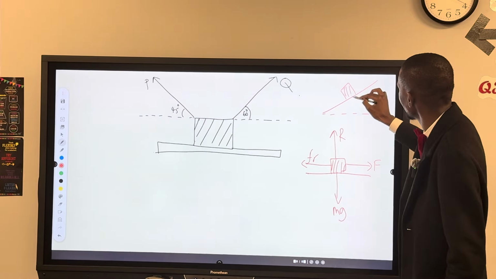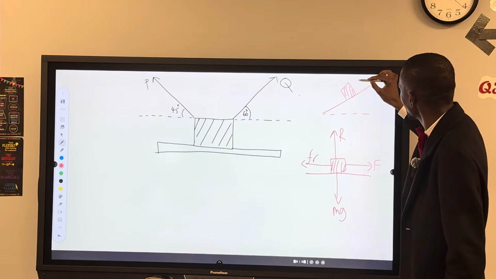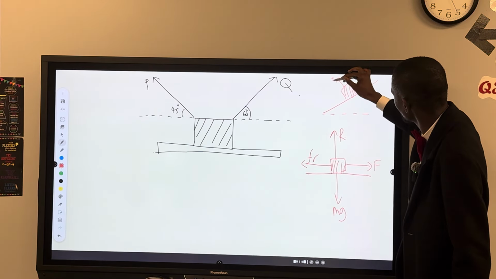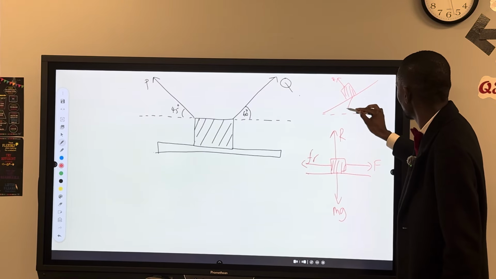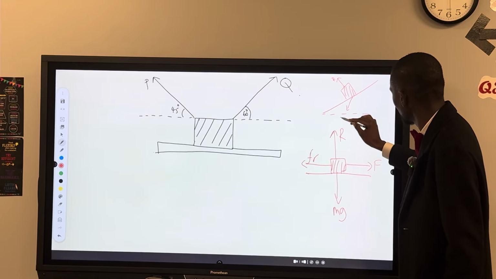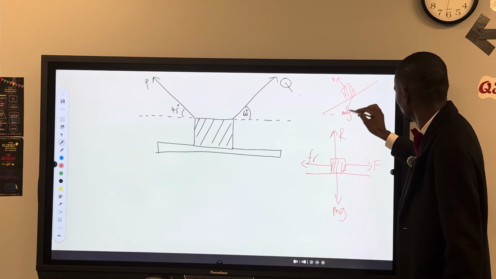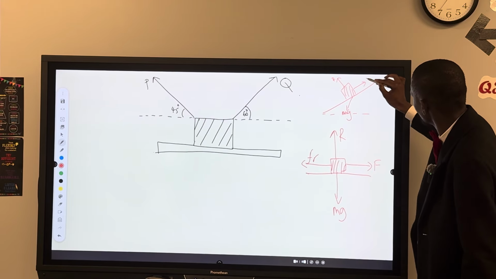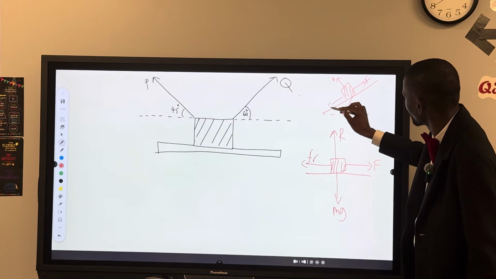If this is an inclined rough plane, again, we are going to have our reaction, which is perpendicular to the plane. Then we have our force of gravity there. Then that's where we have our applied force or tension, right? Then we have our friction.